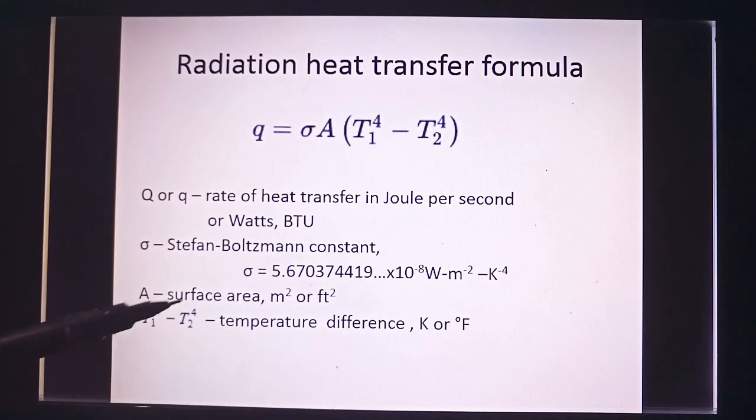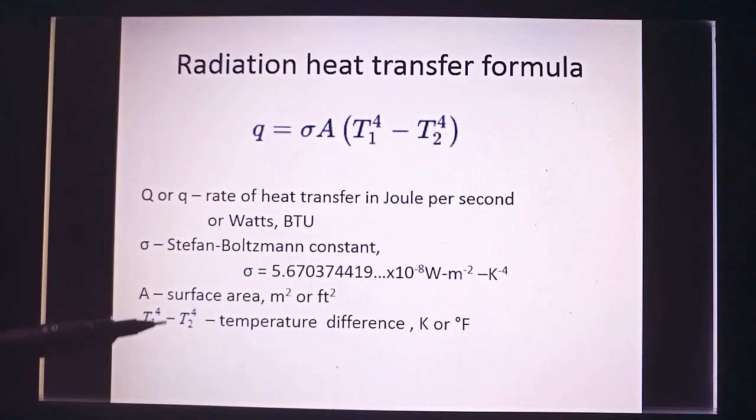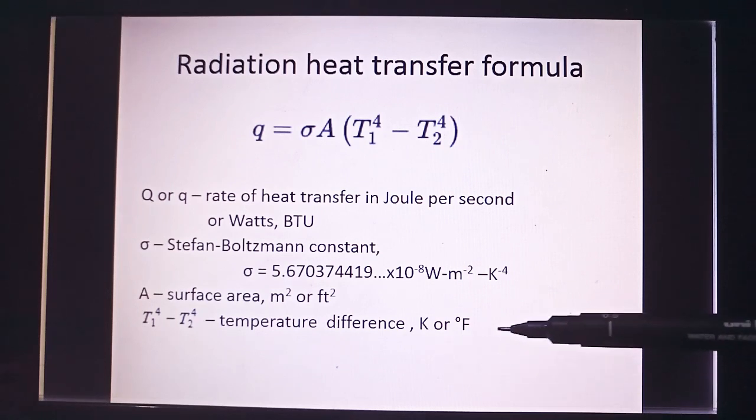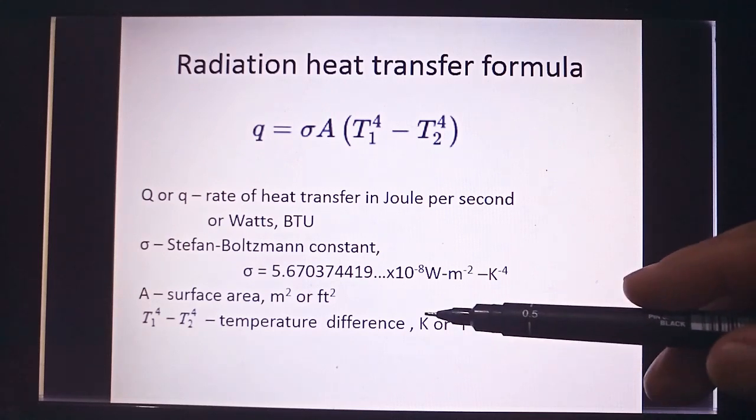A is the surface area, in terms of square meters and square feet, and then T1 raised to 4 minus T2 raised to 4 are the temperature difference. So our unit here is supposed to be Kelvin or degrees Fahrenheit, because that is temperature, and that is raised to 4.